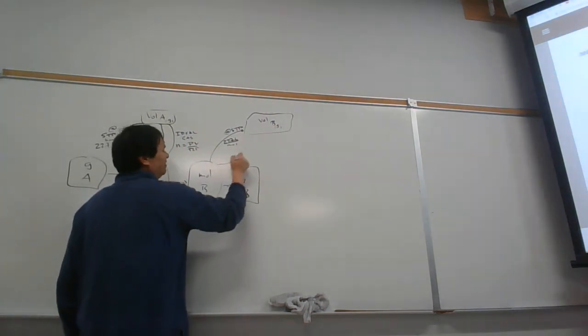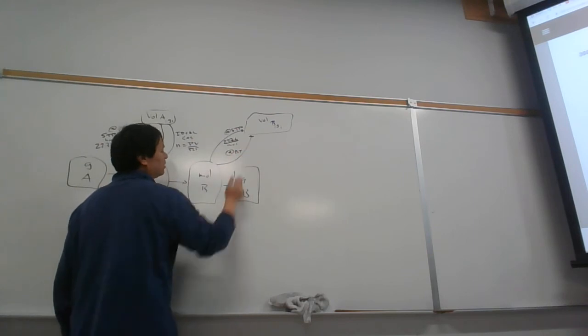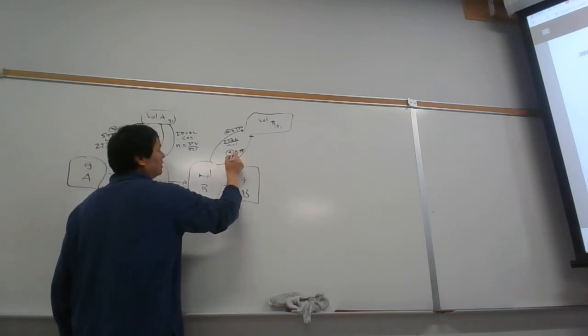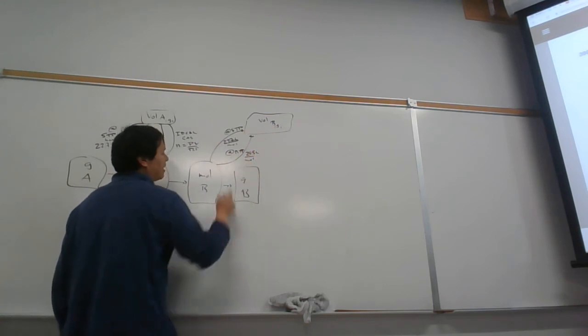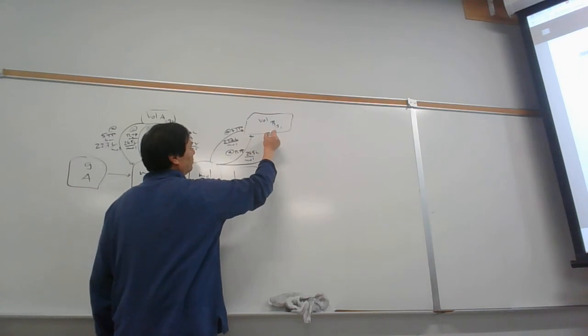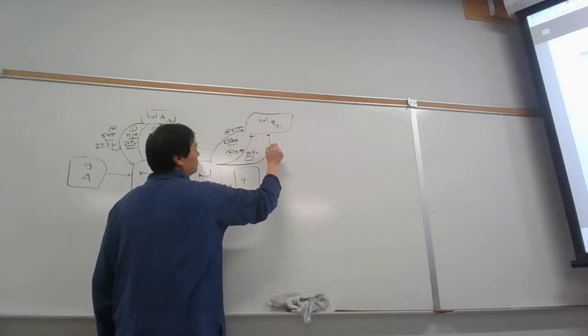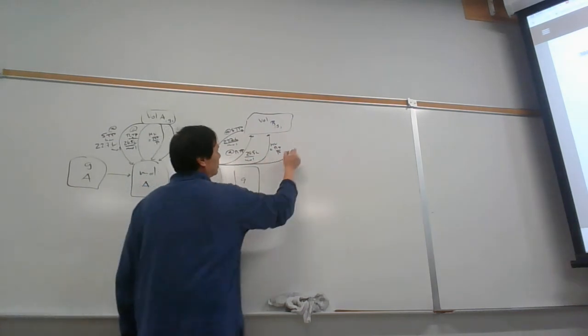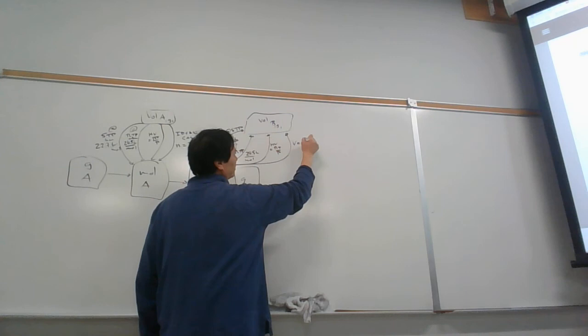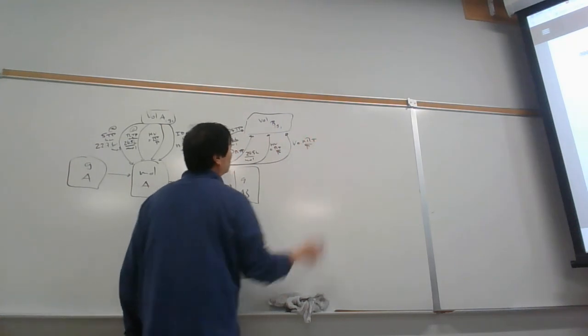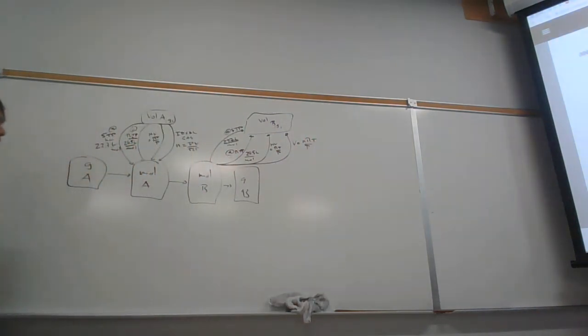If it's at RTP, room temperature and normal atmospheric pressure, this would be an atmosphere, then it's 24.5 liters per mole. If it's at neither of those, then we calculate the molar volume. The molar volume is equal to RT over P. Or if we don't want to do any of these, we just use the ideal gas law. The ideal gas law says that the volume is equal to nRT over P. And just plug those in.